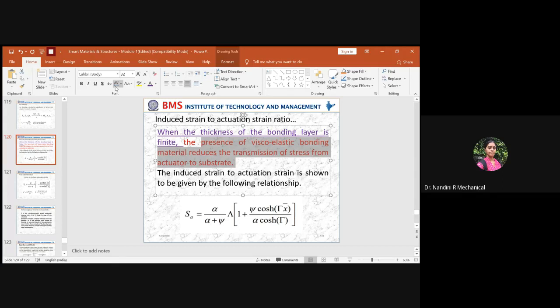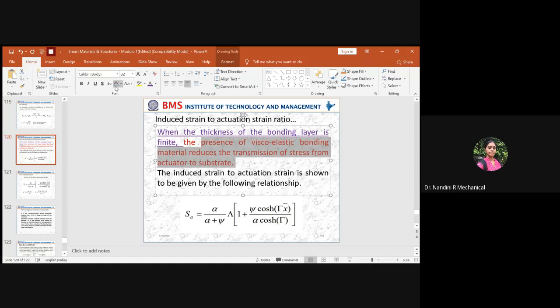This viscoelastic material will reduce the amount of stress transmitted from actuator to substrate. Due to the reduction of stress, the strain induced in the structure will also be less, so you will have a very mild deformation or displacement across the structure.